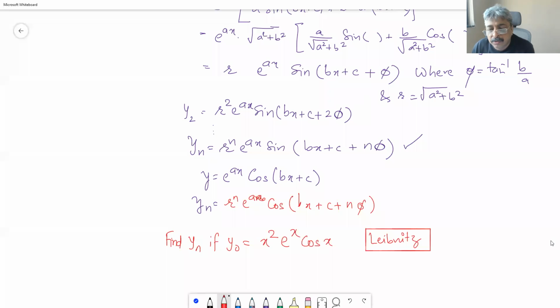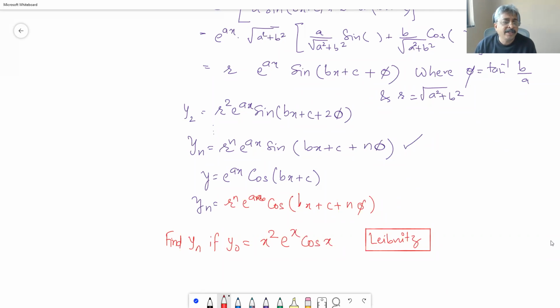Important thing in this is you are supposed to use Leibniz, but you will see that because one function is x square, after two derivatives, the third derivative is going to be 0. So there are not going to be n terms present, because after some time x square will disappear. All those derivatives will be 0, and therefore total number of terms which will be available will be much less compared to what you are imagining.